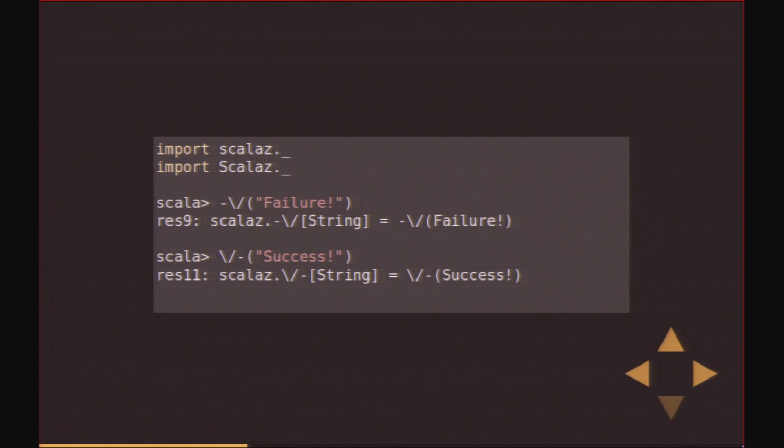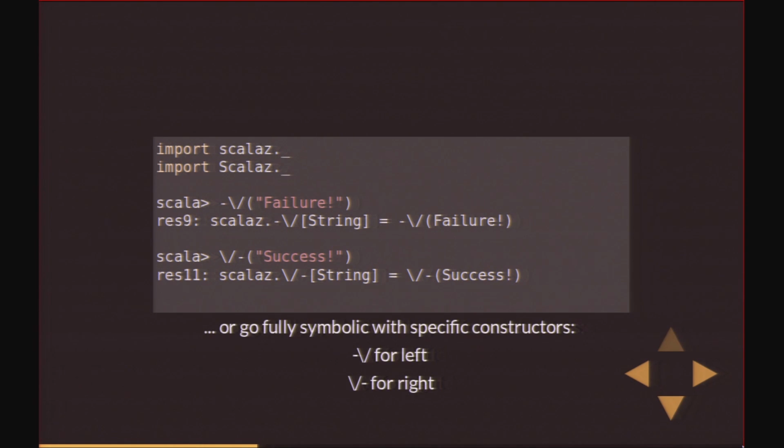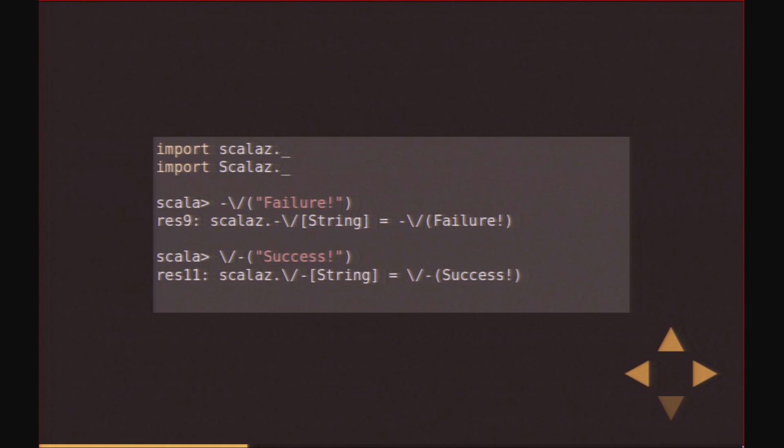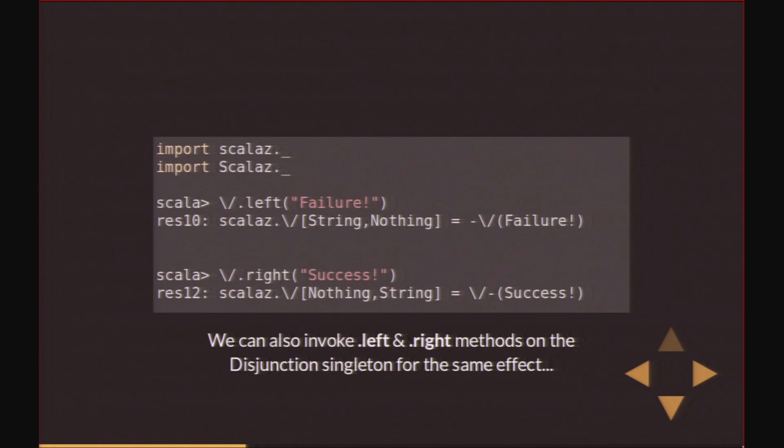Finally, if you really want to go down this road, you can go fully symbolic with explicit constructors of left disjunction and right disjunction. When I started playing with this, it was recommended to me by a few people to avoid this way of doing things because it's a little less clear. I would recommend you go with this way. This is usually what I do. Postfix notation is also a little confusing because people may miss that postfix.